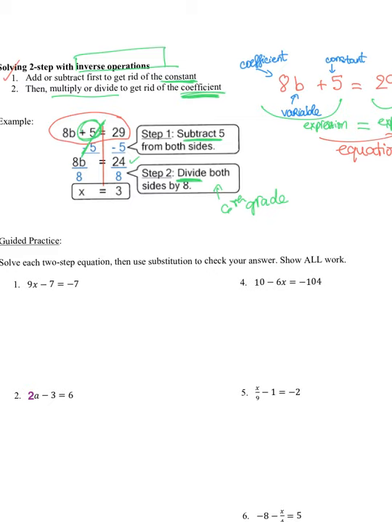So we divide by 8 to get rid of this 8. 8 divided by 8, you get 1x, or just x. 24 divided by 8, you get 3. So you just found that x is equivalent to 3.